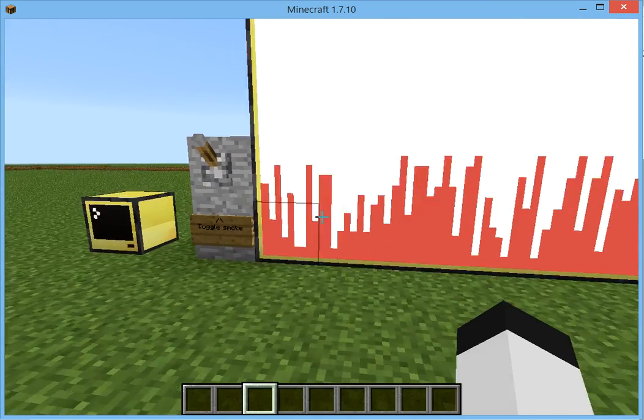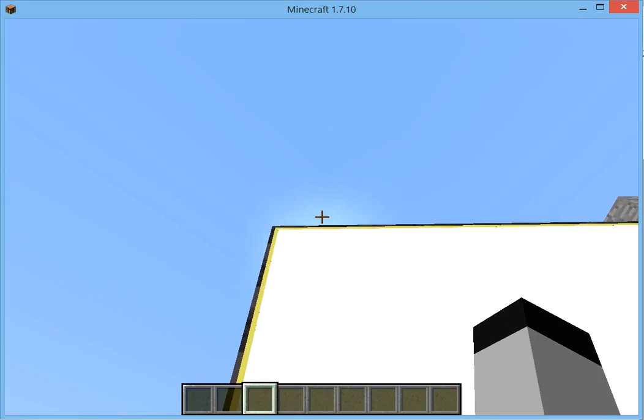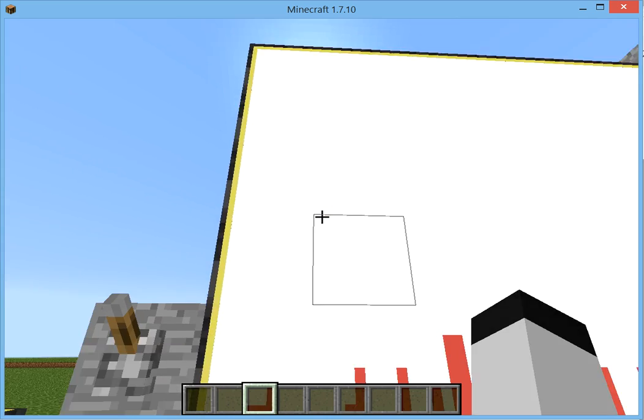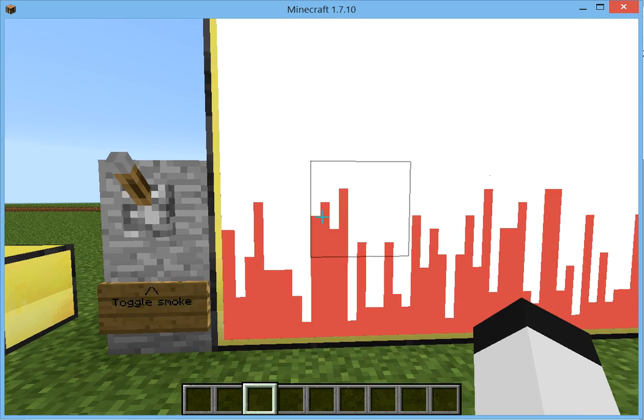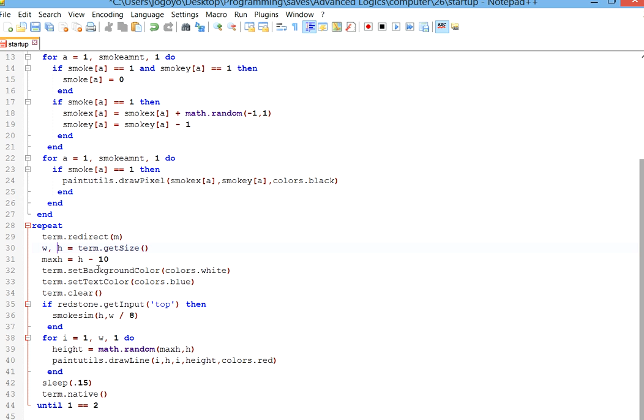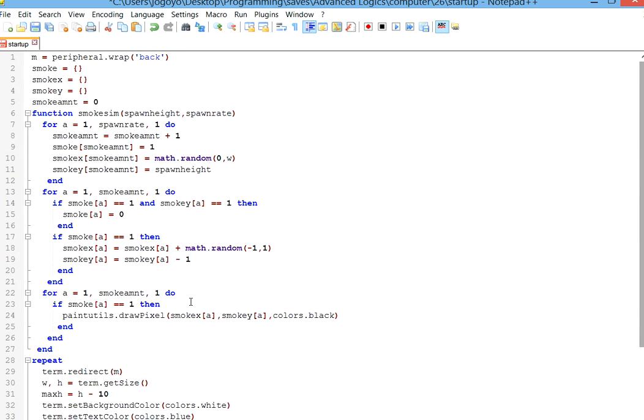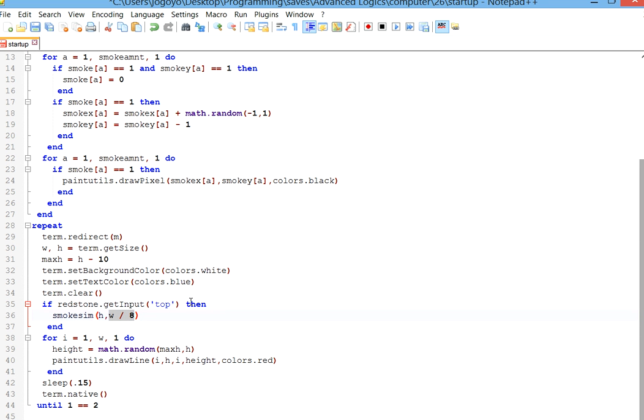It'll set the value of H to the amount of pixels it is tall. And so by putting H there, it'll have the smoke particles spawning at the bottom of the screen. And this is the spawn frequency. Basically that is how many smoke particles are generated with each update.